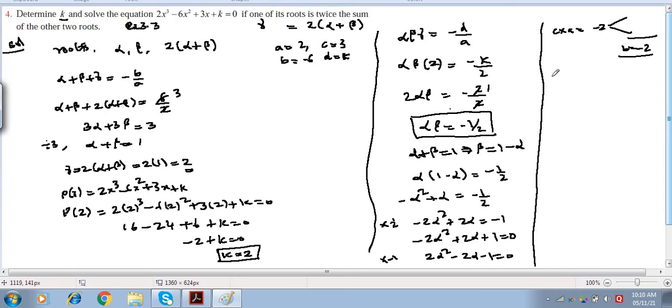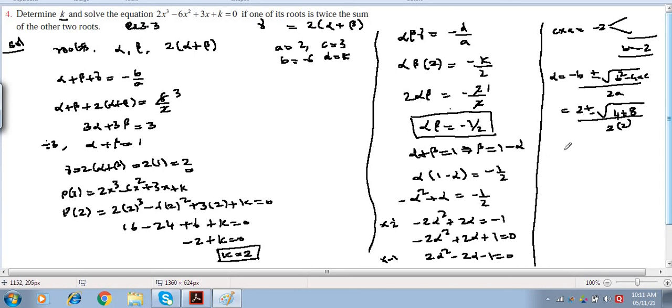Now use the formula alpha equal to minus b plus or minus square root of b square minus 4ac by 2a. From this, b is minus 2, so plus 2 plus or minus square root of minus 2 whole square, 4, minus 4 into a, 2, 4 2s are 8, into c, minus 1. So plus 8, by 2 into a, 2 into 2.